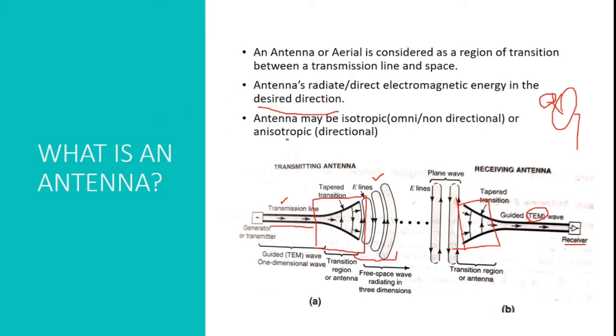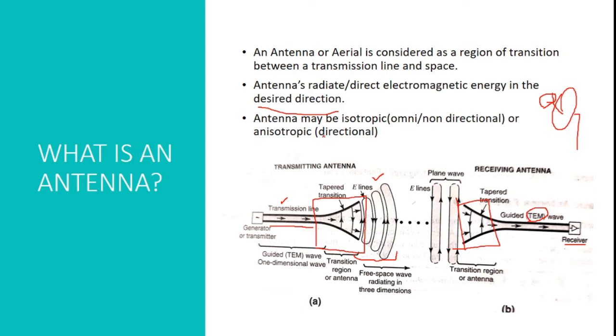And the third thing of what an antenna might be: as I said before, it might be isotropic in nature or anisotropic in nature. Isotropic means there is no particular direction. We can receive the signals or send the signals in any direction, and anisotropic means it is a directional antenna where direction plays a very important role in receiving energy from the other end. So all these define what an antenna is.